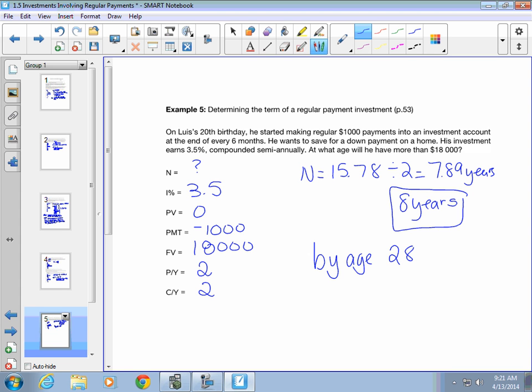So the thing to remember here, n is the number of compounding periods.